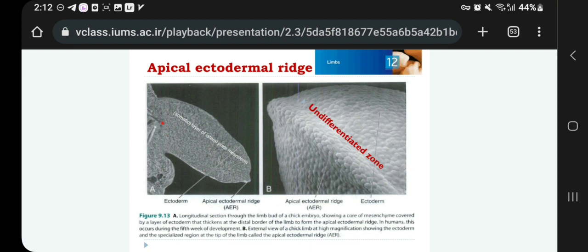But the cells that are farther from the apical ectodermal ridge start the differentiation. Differentiation means differentiating to bone, connective tissue, and muscle. Okay, but the cells near here start rapid proliferation without any differentiation.